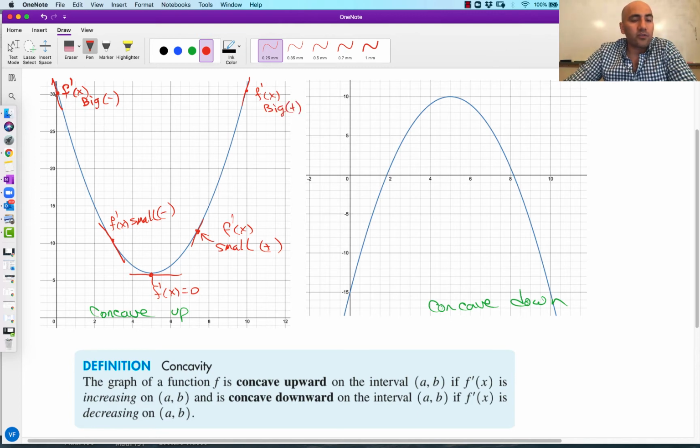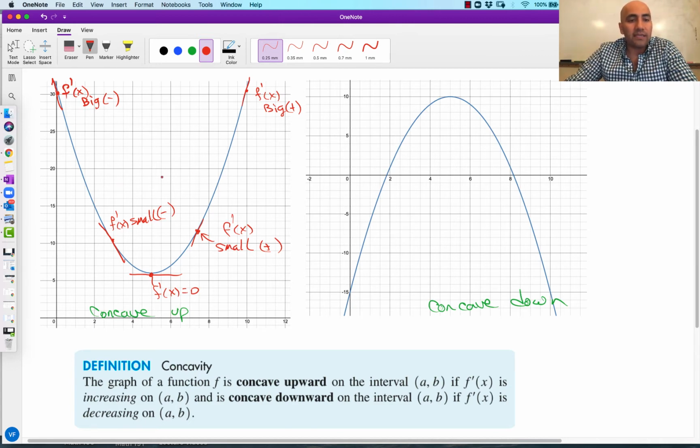So the derivative is traveling from big negative to small negative to 0 to a small positive to a big positive. If this was your salary, if your salary started from a big negative salary, so you're paying them to work there, it's called an internship, to a small negative salary, to working for free, to making a little bit of money, small positive, to whoa, making big money, then you would say that it is increasing.